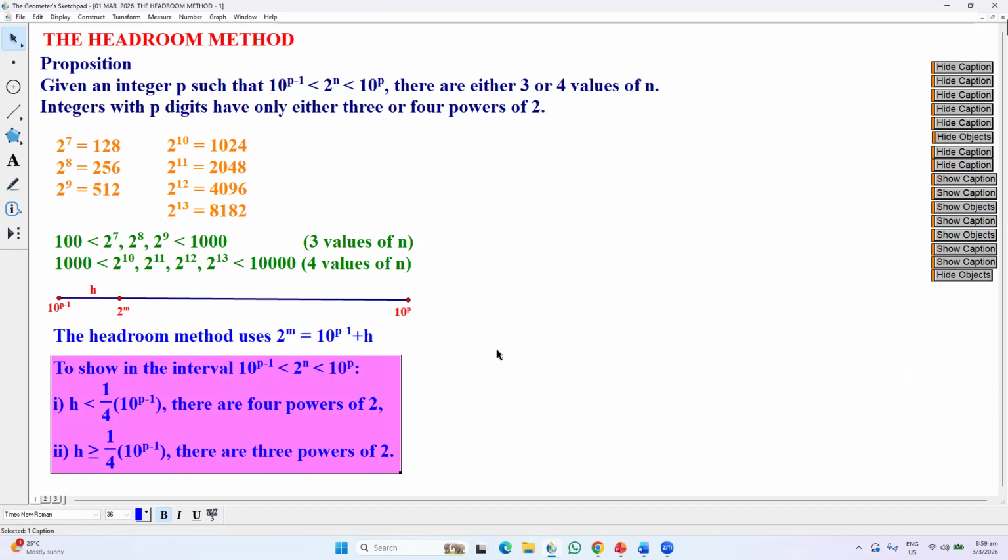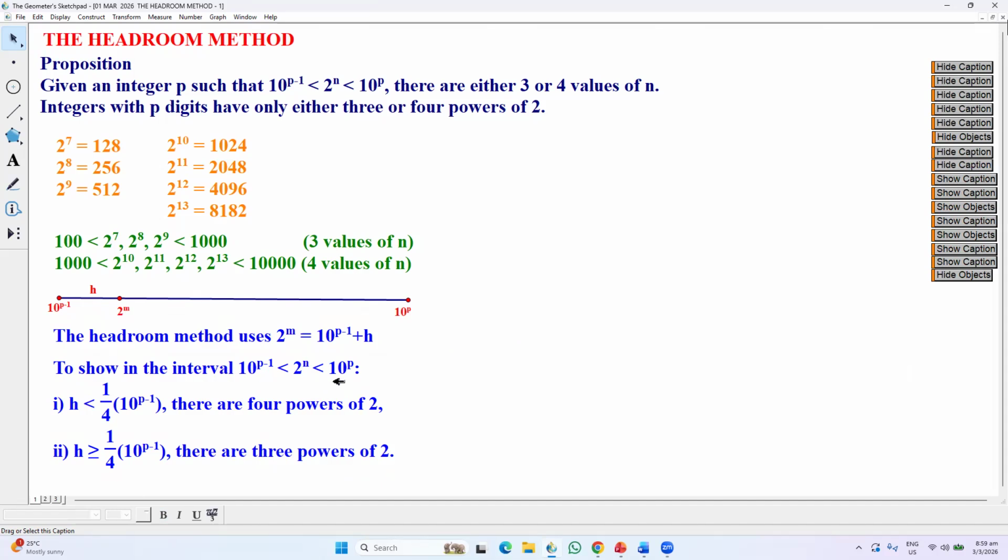We are going to show two things in the interval between 10^(p-1) and 10^p. If h is less than a quarter of 10^(p-1), there are 4 powers of 2. If h is greater than or equal to a quarter of 10^(p-1), there are 3 powers of 2. These two assertions, we will now prove.